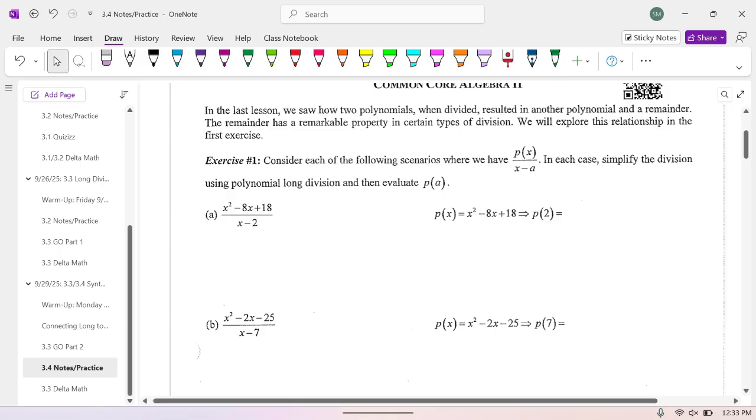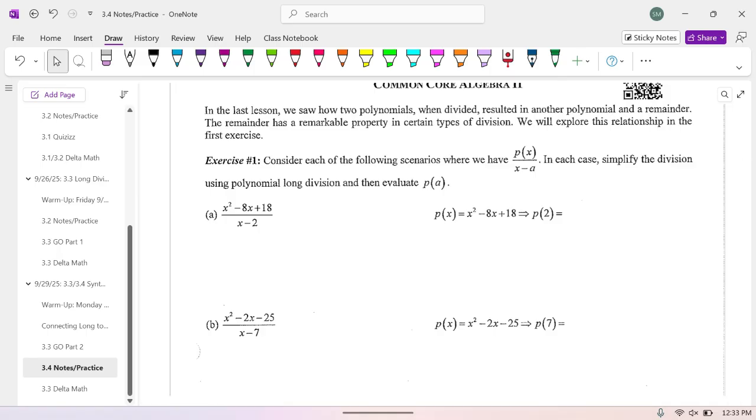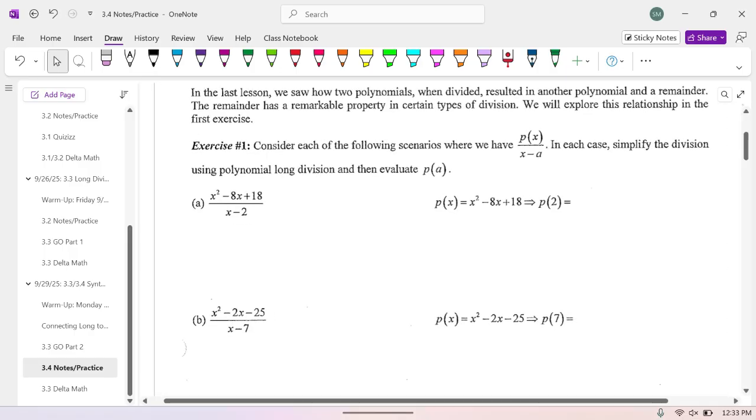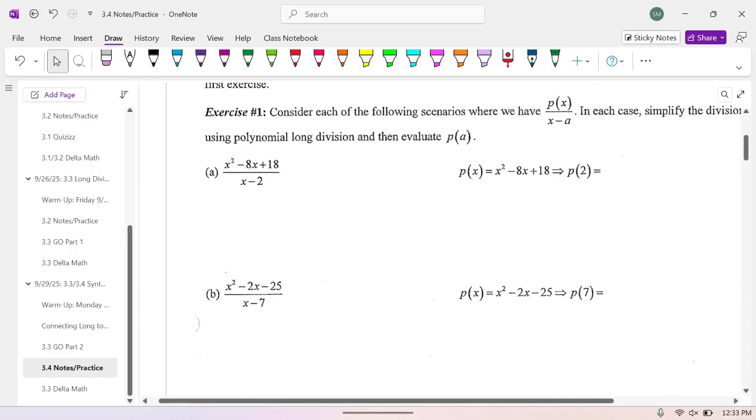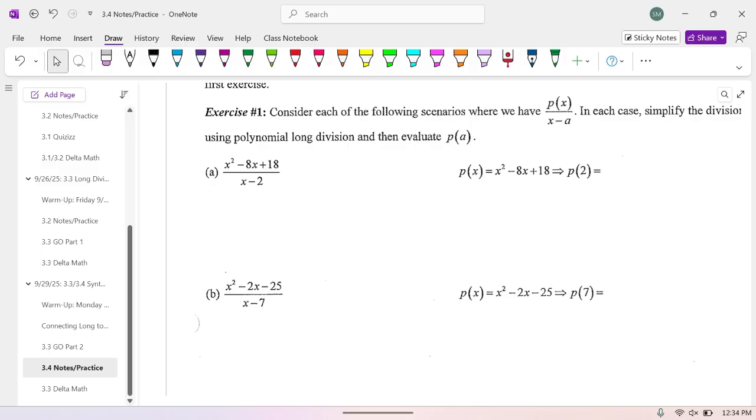Within your group, talk to each other and work through letters A and B on your own.